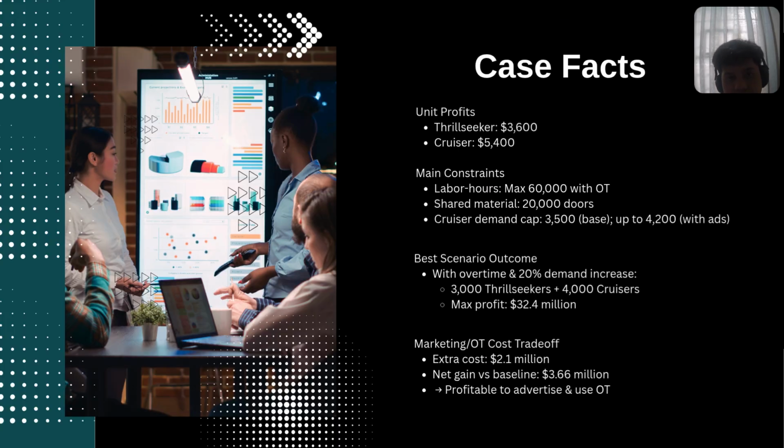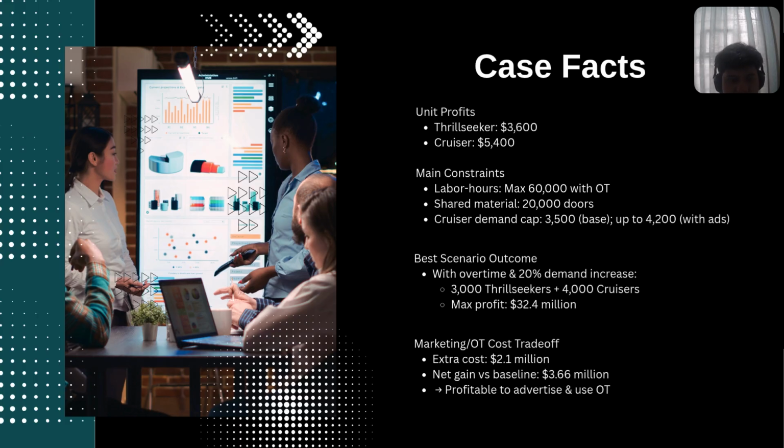Okay, moving on, we have the key facts and profit summary of what we know in the case. In terms of profitability, each Thrill Seeker earns about $3,600, while each Cruiser brings in $5,400. The best scenario happens when overtime is allowed and marketing increases cruiser demand by 20%.